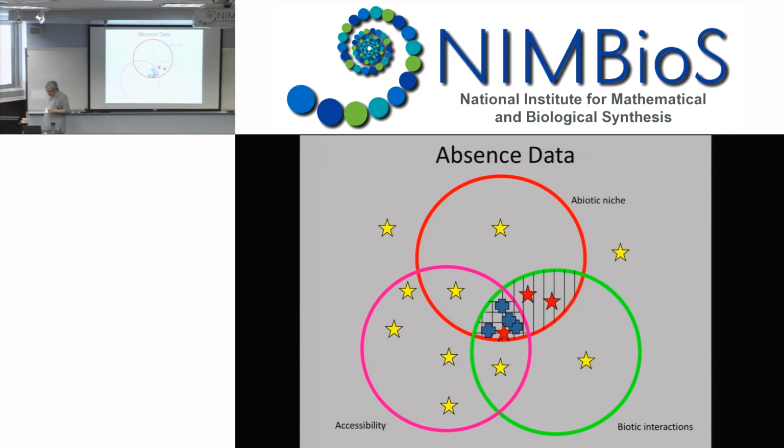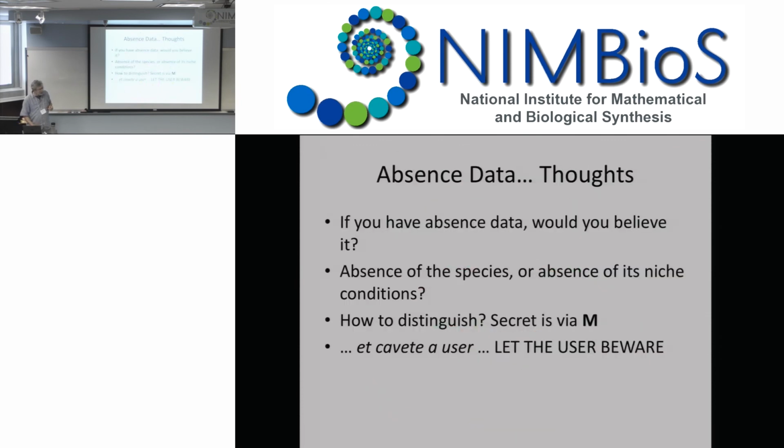So, if you have data on absences, do you believe them? Sorry about the it instead of them. A crucial question is it absence of the species or absence of the suitable conditions for the species? How do you distinguish?